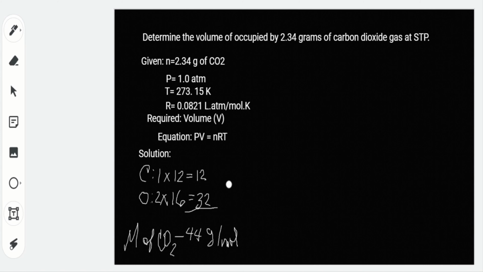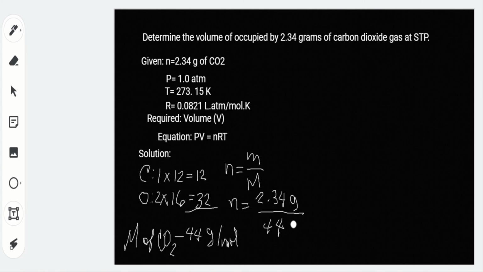Okay, so gagamitin natin ngayon. So number of gas in moles is equal to the mass of the gas or the substance in grams over the molar mass. Okay, so we will be substituting now. So we have 2.34 grams of carbon dioxide, and for that amount of carbon dioxide, the molar mass, okay, per mole is equal to 44.